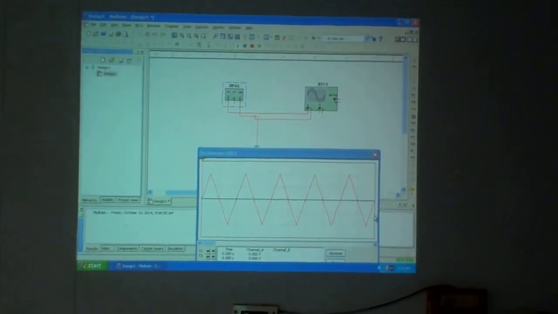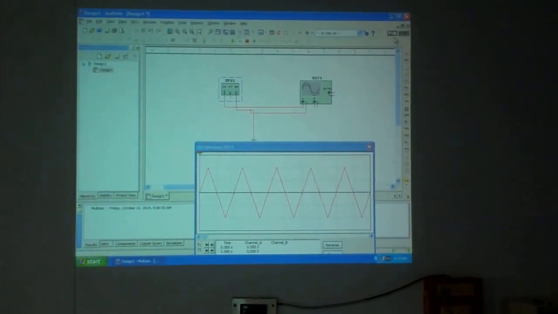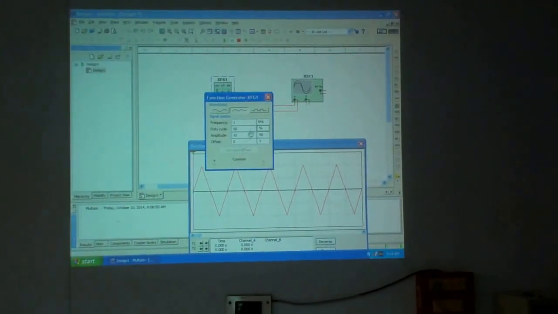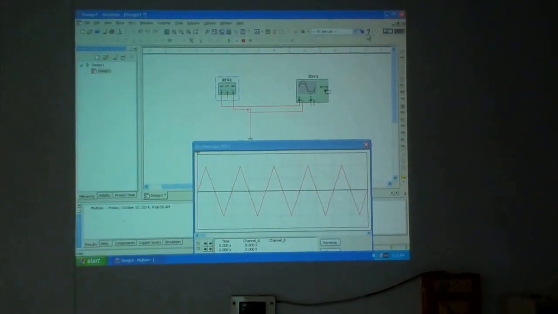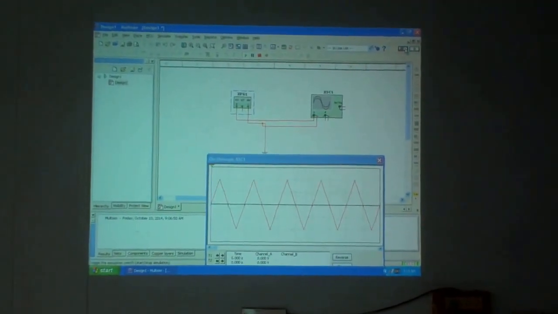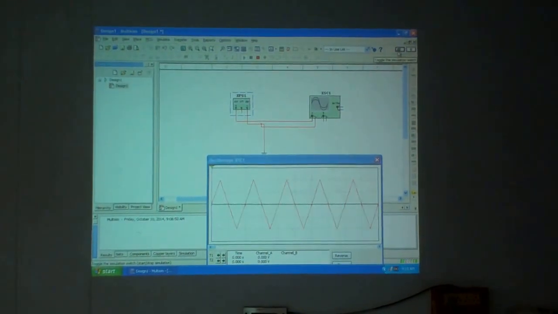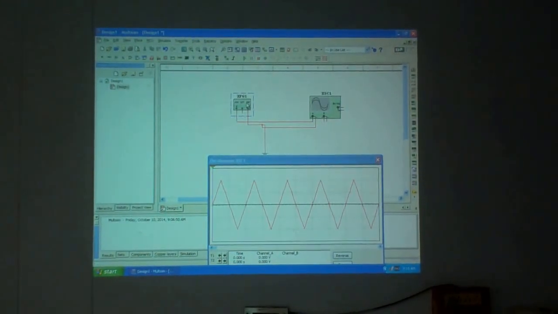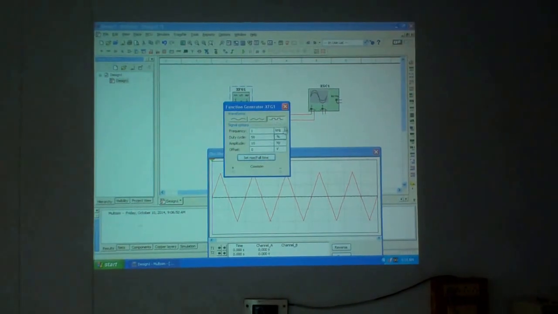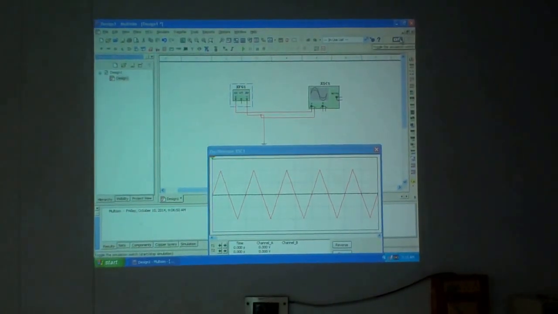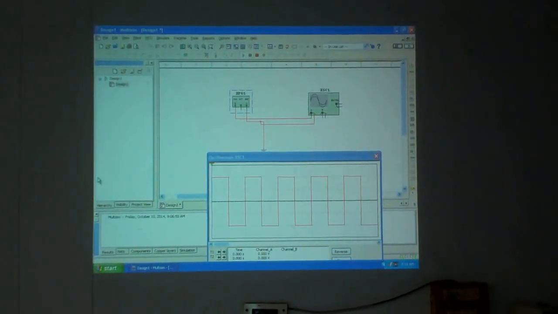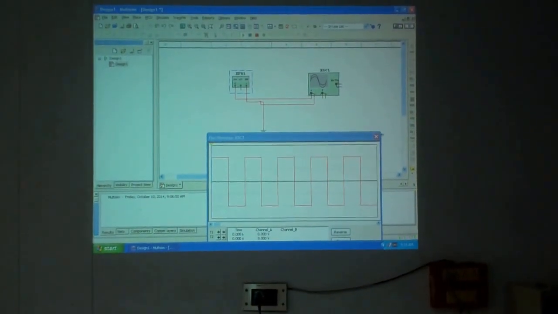Stop the simulation, choose square wave, again start. Stop. Maybe pause is not working. So we choose this. Simulate once again. Very good. So the measurement remains the same whether it is sine, square or cosine.